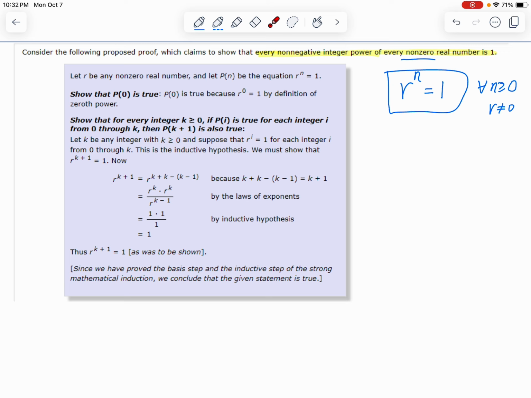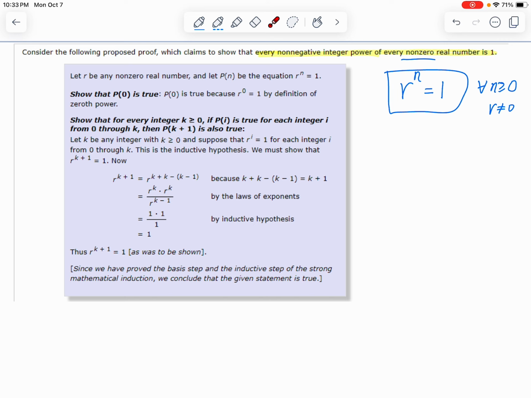P(0) is true because when n is 0, r to the power 0, when r is not equal to 0, by the property of the exponent, this is equal to 1. So there's no problem in this particular step. I do not see any problem here.